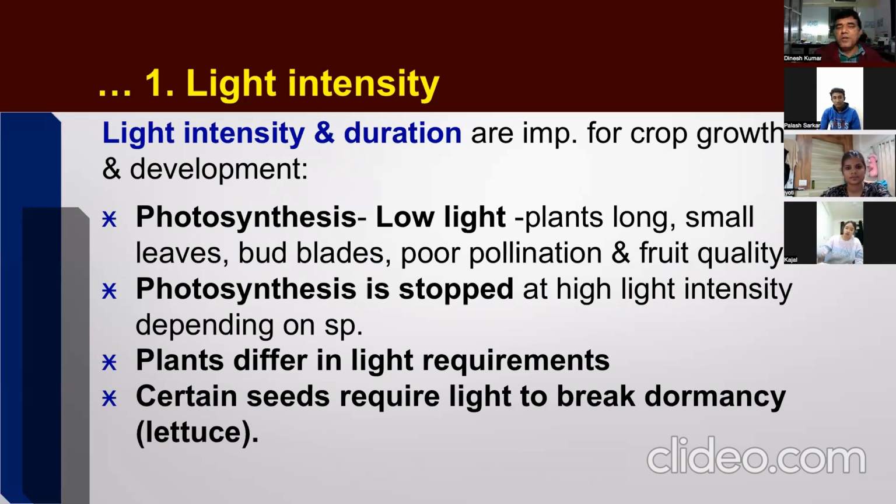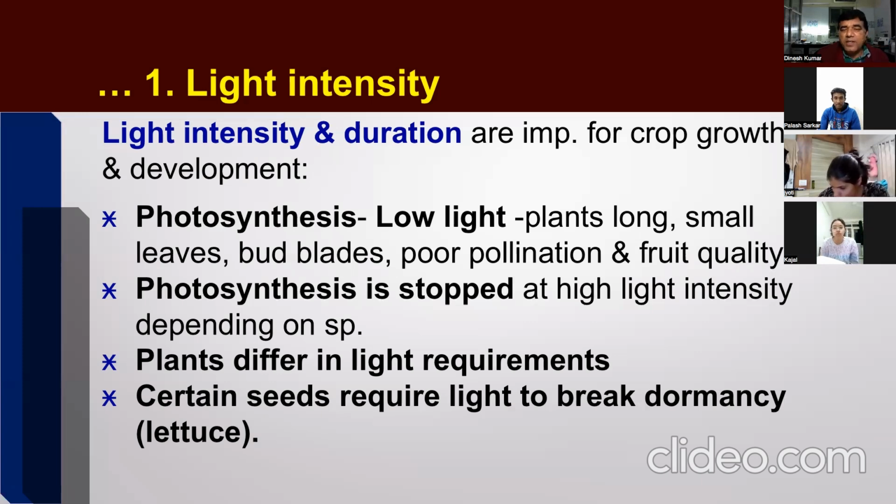So growth is reduced under low light conditions in some plants. And photosynthesis can also be stopped at high light intensity. So either at high or low light intensity, as per the requirement of the plant, yield or growth will be adversely affected.